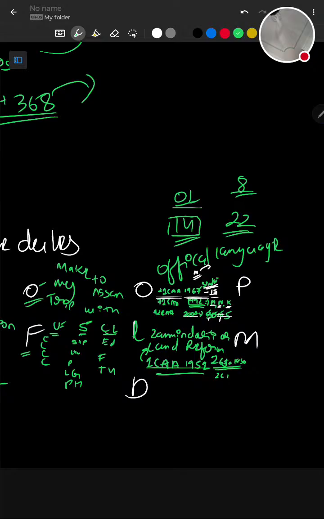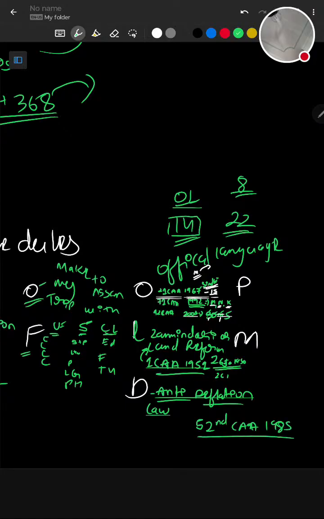Now going on to D, which is your 10th, which is the anti-defection law. Anti-defection law is here, and this is, I think, the 52nd Constitution Amendment Act of 1985. 52nd of 1985, right?